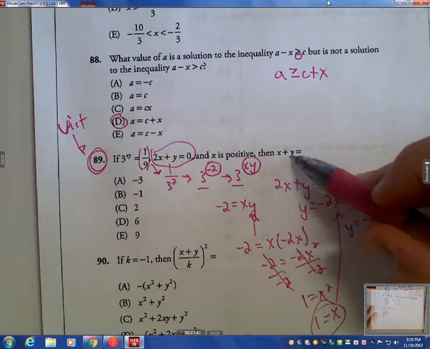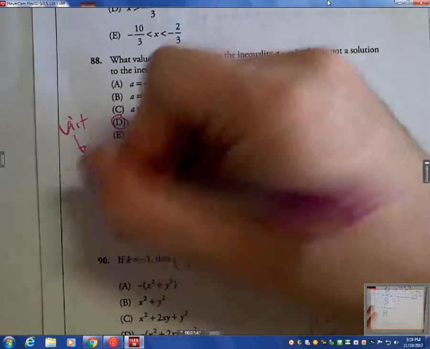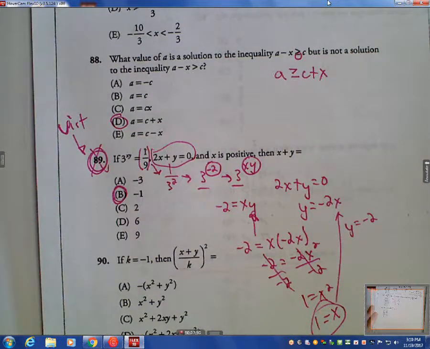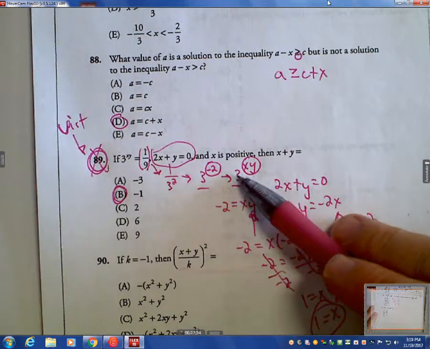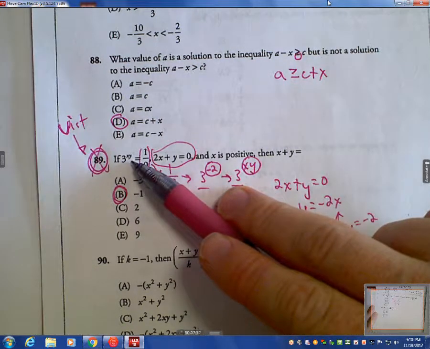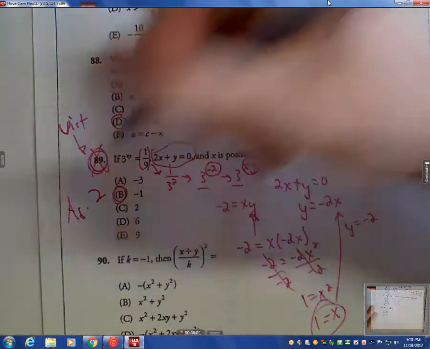Oh, x plus y. So 1 minus 2 is negative 1. There we go. I was wondering what was going on. So this was really a systems of equations, and the first thing is we had to get the same base, because that's what exponents are. This is what you're going to learn in Algebra 2.